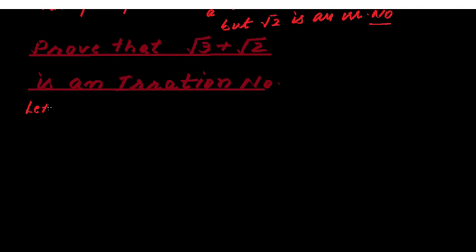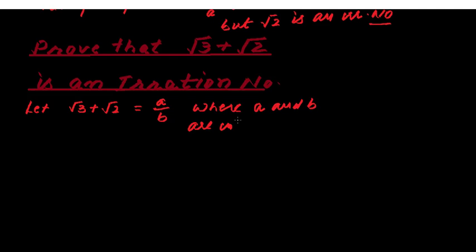Let √3 plus √2 be equal to a upon b, where a and b are integers and b is not equal to 0.